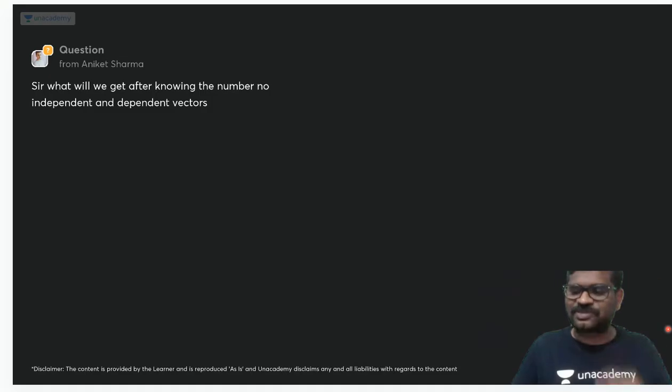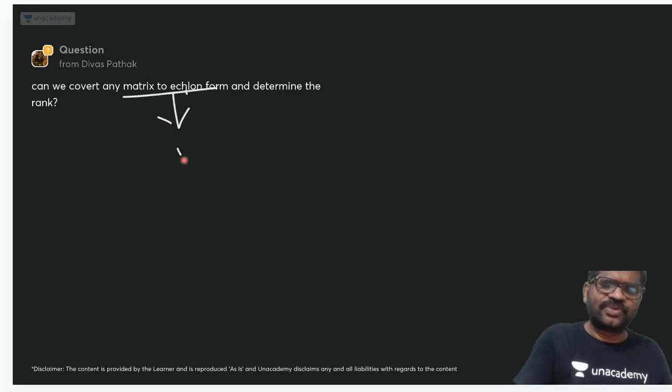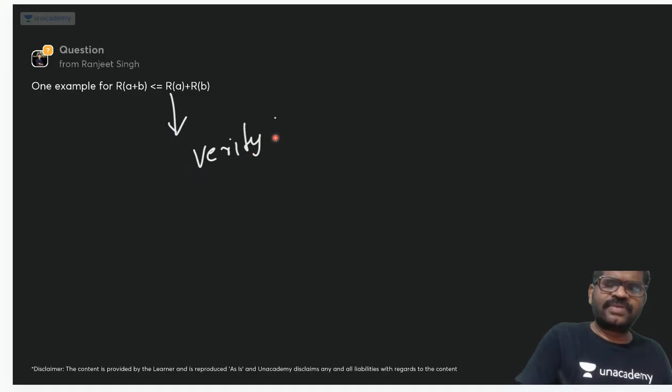That is the next concept: how many are independent variables and how many are dependent variables. Can we convert any matrix into echelon form? Yes, you can convert.